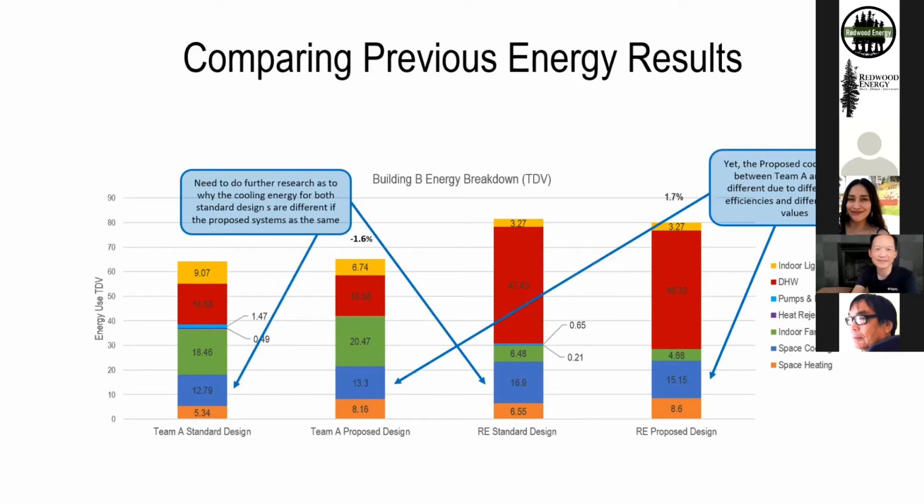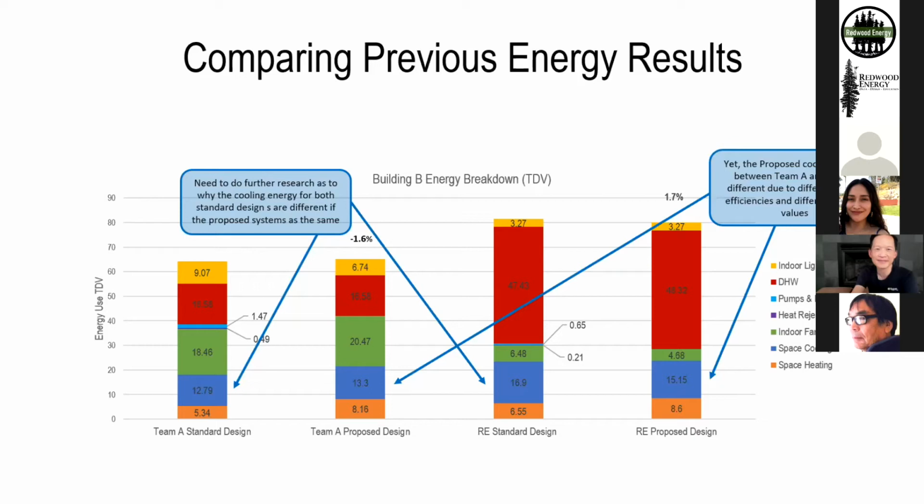For space cooling, again, the Team A and Redwood Energy standard designs are a lot different. Again, we're not quite sure why, but one reason can be the natural gas available in the building.